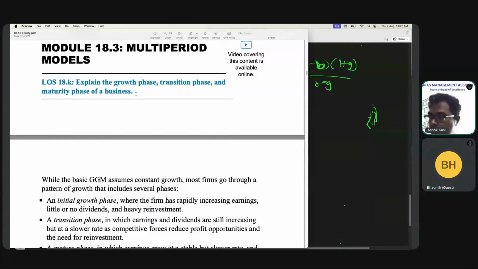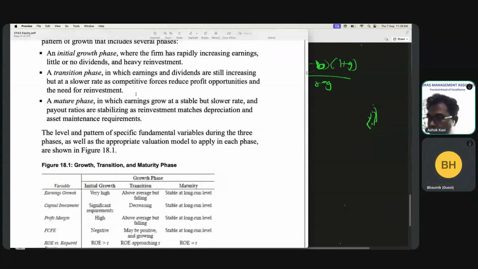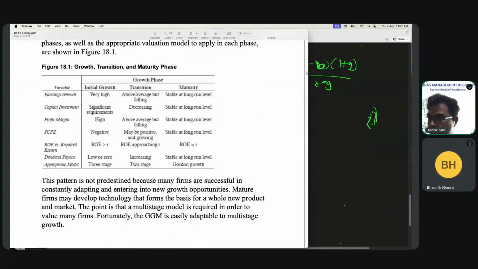Okay, then multi-period models. These are characteristics. You can go through it for a minute. See, earning growth is initially very high. Then when it is transitioning, it is above average but falling. Then at maturity, it is stable.